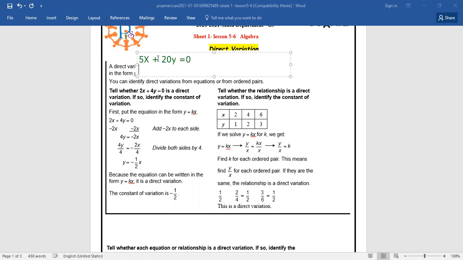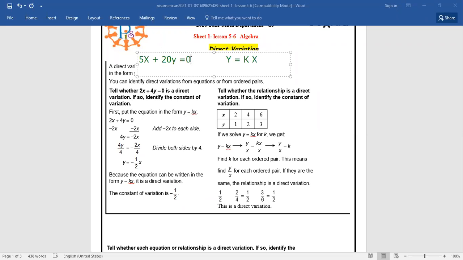What do we have to do? Rearrange. What is the general form we are looking for? The general form is y equals kx, right? So this is the general form which we are looking for.